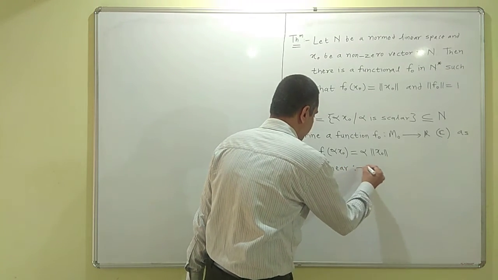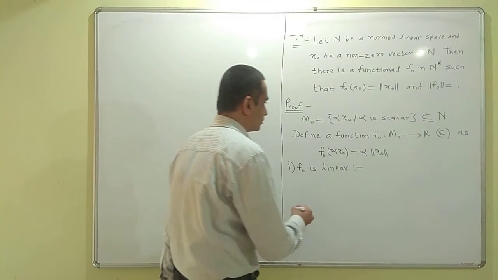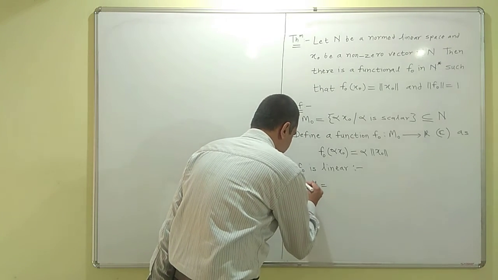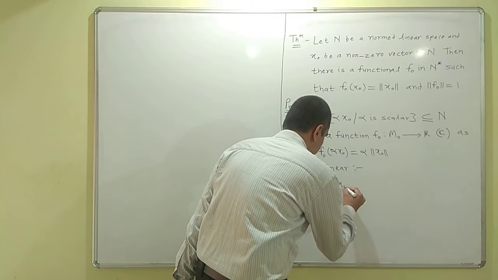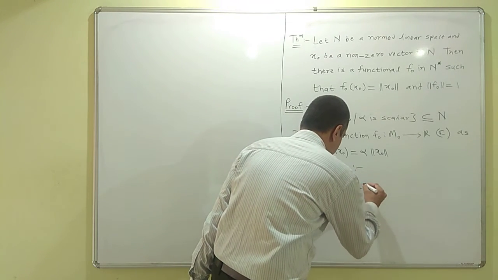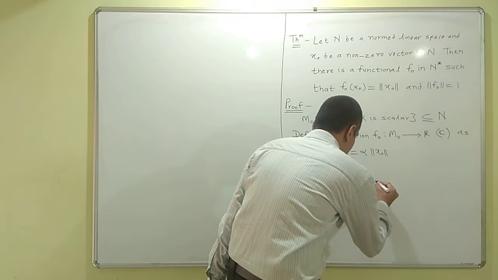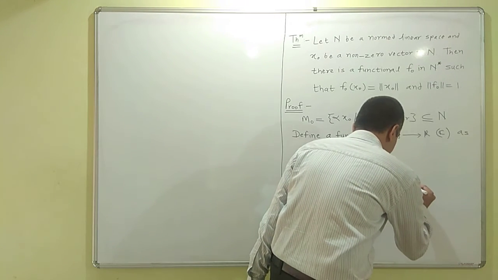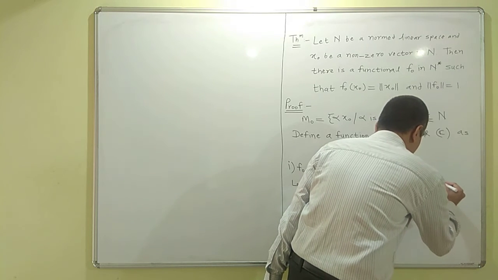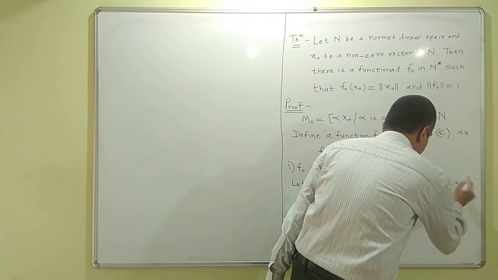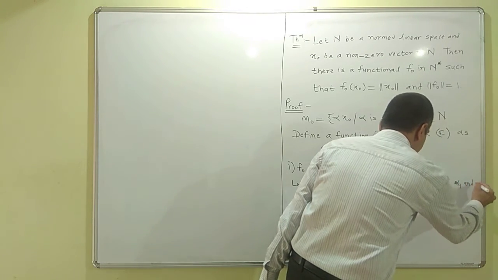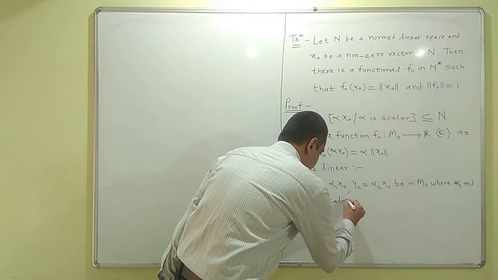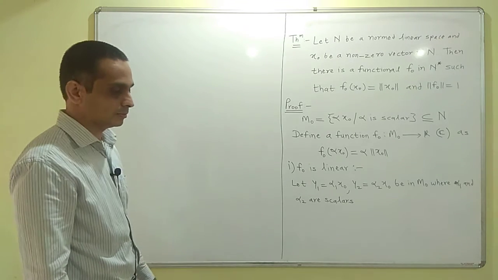In order to prove the linearity, let us take two vectors, say y1 equals alpha 1 x0 and y2 equals alpha 2 x0, be in M0, where alpha 1 and alpha 2 are scalars.